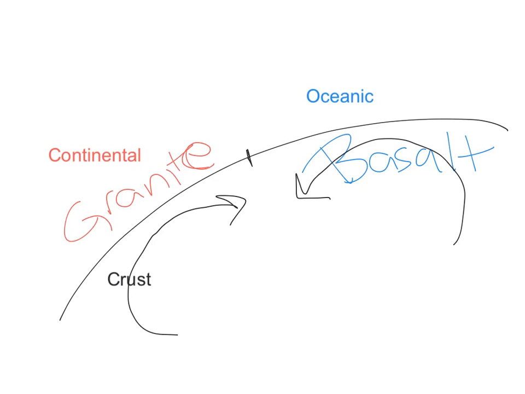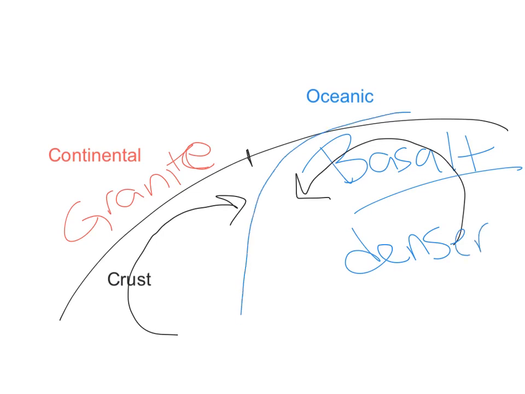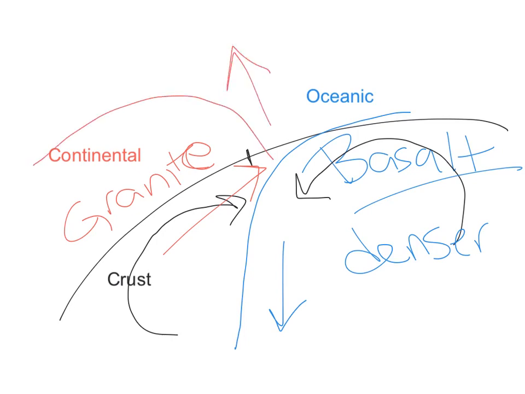If the mantle is circulating this way and the oceanic crust is heading towards the continental crust, because the basalt is denser than the granite, it will sink below the granite. So the granite continental crust gets pushed up while the oceanic basalt gets pushed down and gets recycled into the mantle.